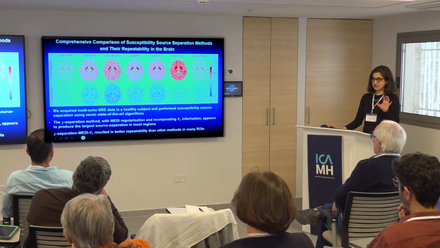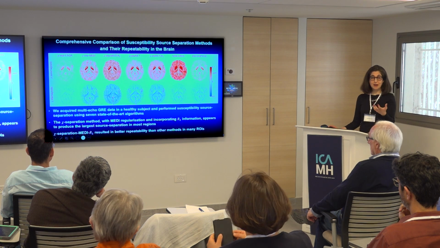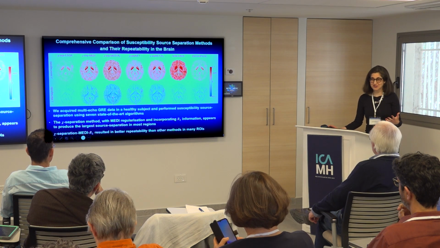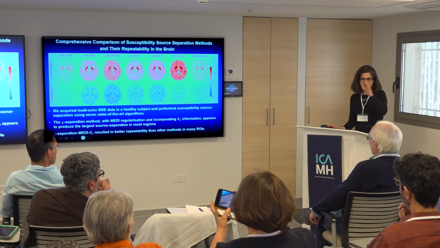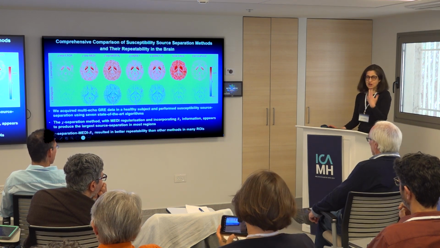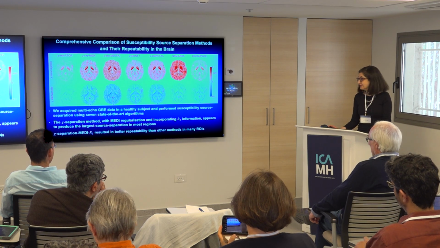We looked at 7 available methods for source separation, and we compared them in a healthy human brain. There isn't a gold standard. Unfortunately, we don't have this is how much positive susceptibility and this is how much negative susceptibility. But we tried to see how much source separation they gave us.